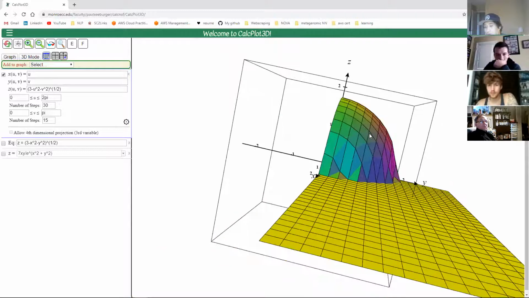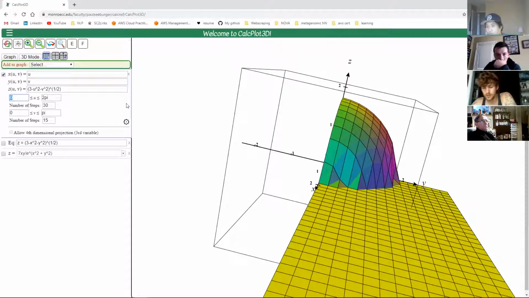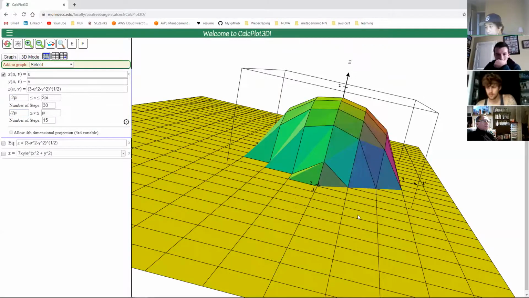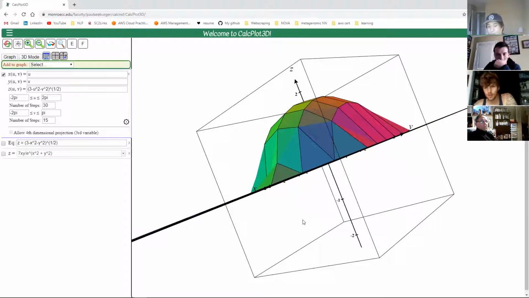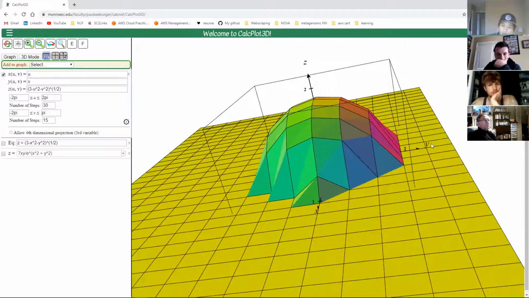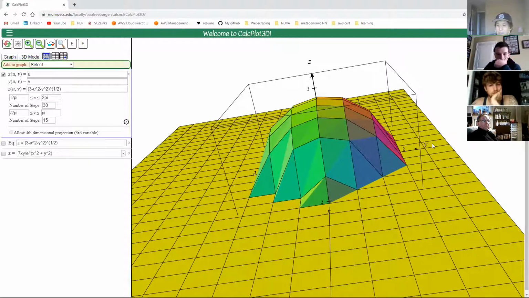And I didn't draw the whole thing. U goes from... okay. So the parameterization, I think, yeah. So do we agree we got the same thing?